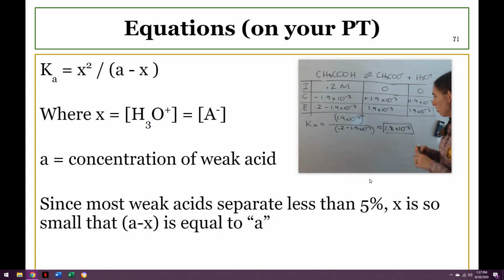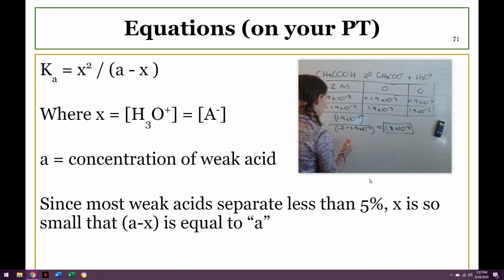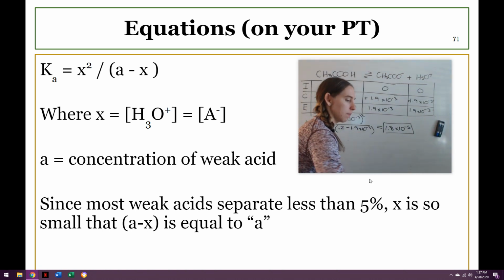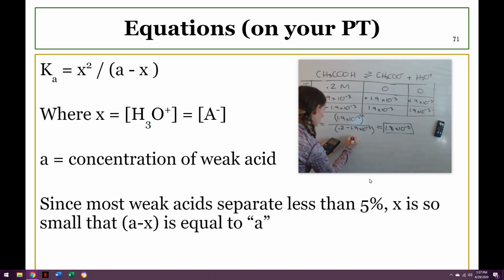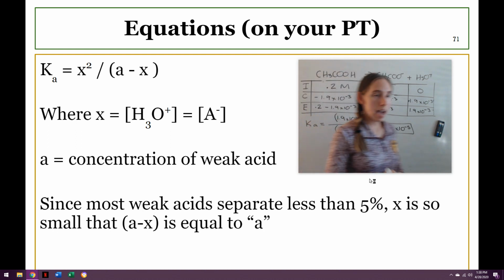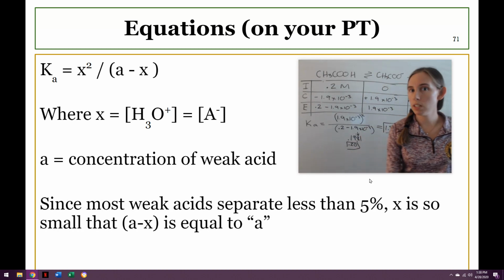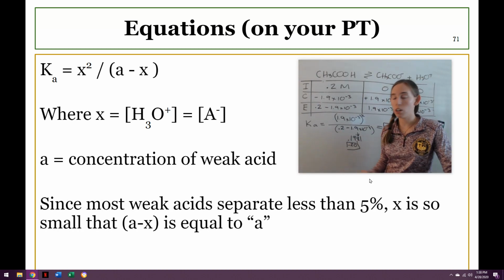My value, just for this part, just what was in the denominator, is 0.1981. Now, if we need to round this to 2 significant figures, look at this 8, that rounds the 9 up, which would then round this up. So we still have 0.20. It's the same thing. X is so tiny, you still have A.